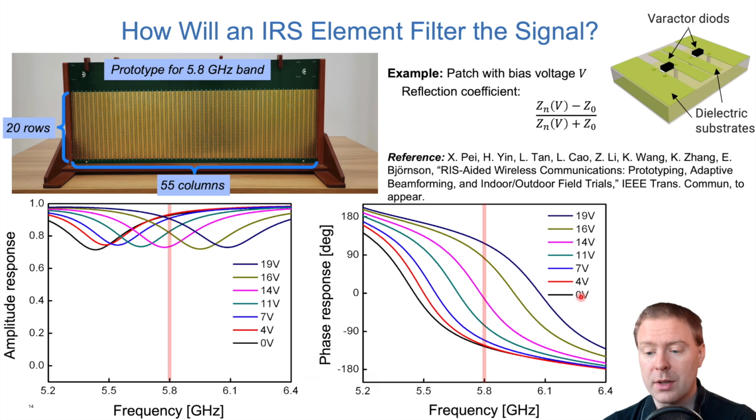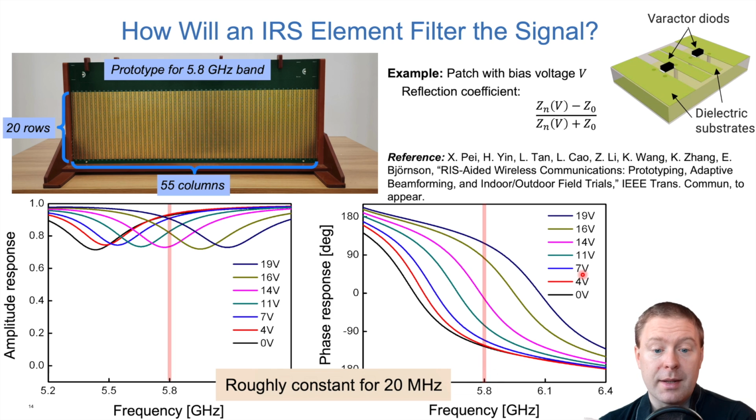And then we are increasing the bias voltage, and we're jumping upwards along the axis here in the phases, and we reach up to, say, plus 120 degrees. So we can vary the phase a lot, depending on what bias voltage we're having. And that is the important thing. We can determine the phase shift of the re-radiated signal, and we can do that at an element by element level.